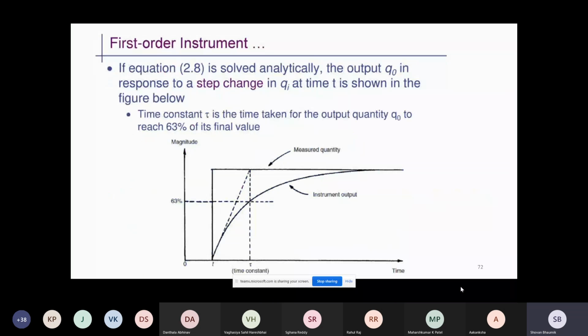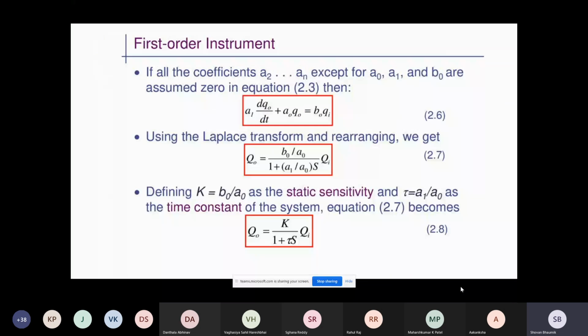Now if you see the first order instrument, if you try to solve this equation, Q0 equals Qi over 1 plus tau s, either you solve using Laplace transform and do the inverse Laplace to get the time domain expression, or you solve it as a differential equation. Whatever way you solve, you will get Q0 equals e to the power something times Qi.